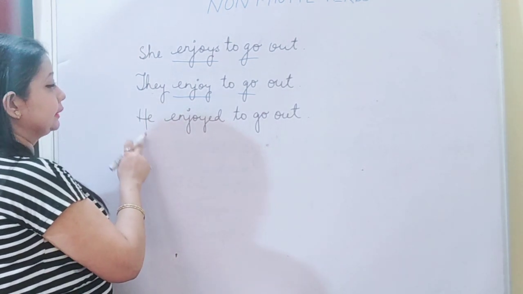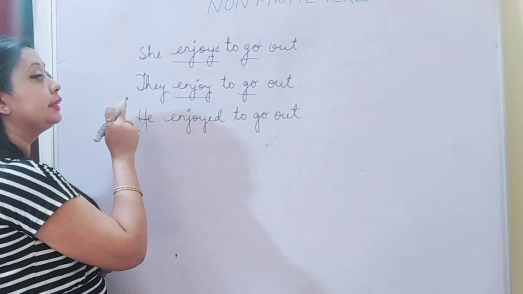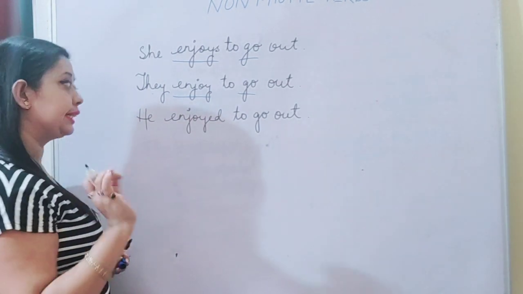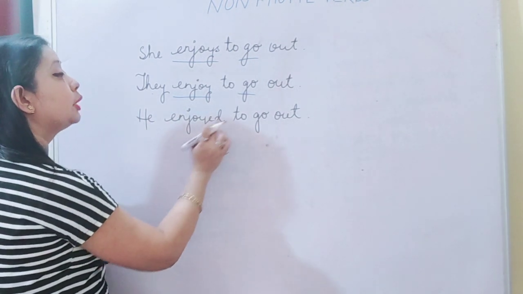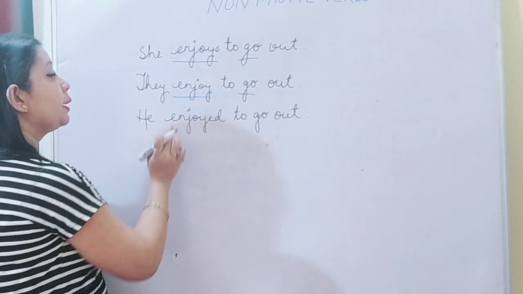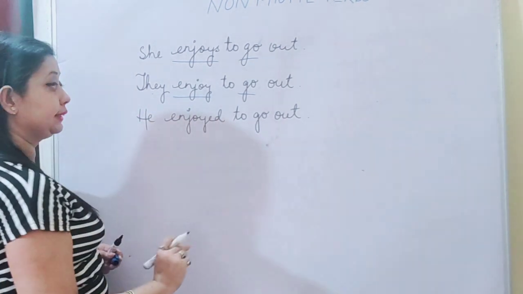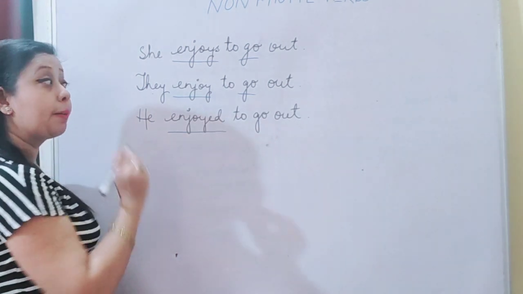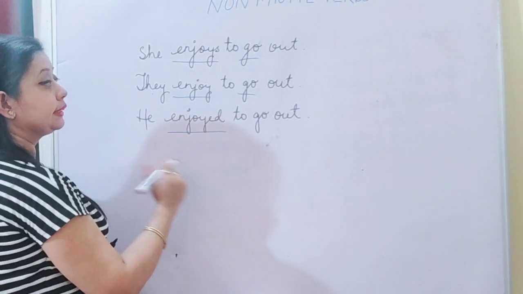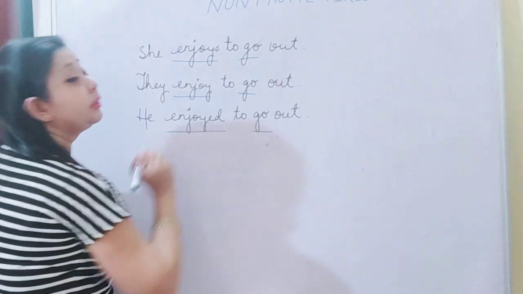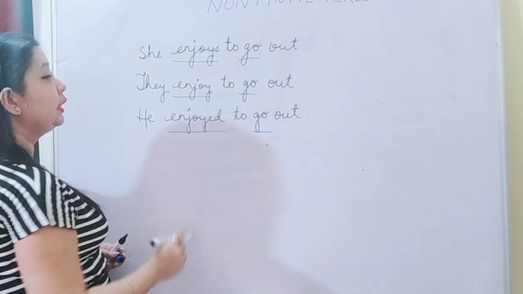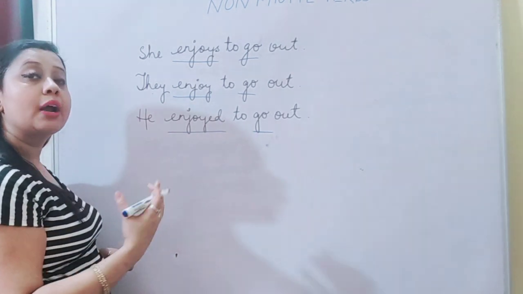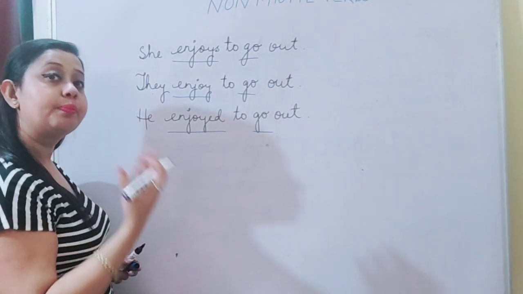In my third sentence, I have again used third person singular, but I have written the sentence in simple past tense. I wrote, he enjoyed to go out. Here, because this sentence is in simple past tense, this verb enjoy changed into enjoyed. But again, although it is in past tense, my go did not change. Now see, all these three verbs changed their form according to tense, number and person.